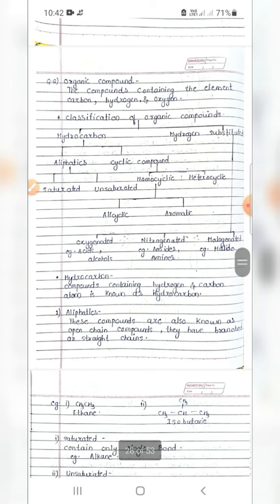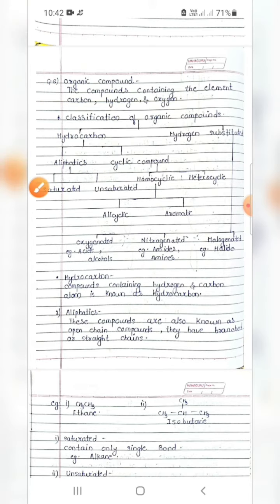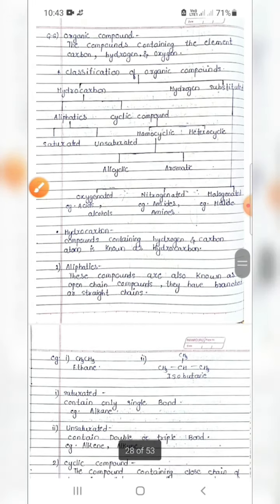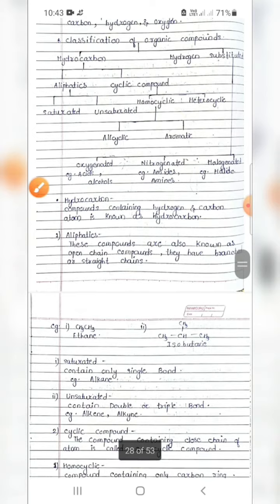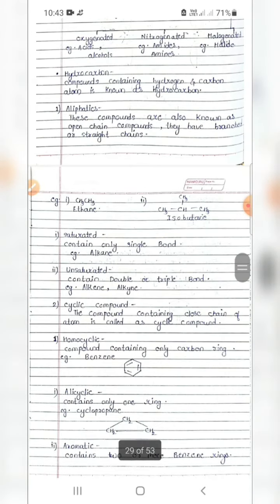Then next question is define organic compound, classify organic compound. Most important question, you have to classify this organic compound with its example.